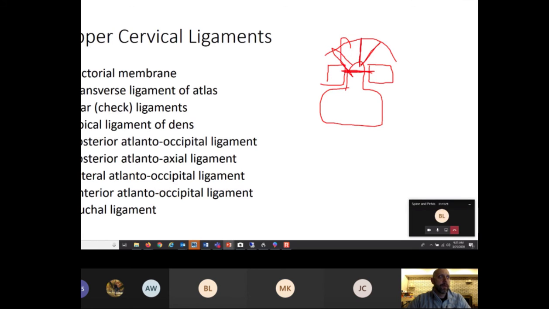As you know, it has a superior component, slightly posterior to the apical ligament, and an inferior component, which goes down to the body of C2. If we take one step back, we've got our tectorial membrane, which fans from the mid portion of the C2 body on up, and you can fill in that whole thing. And of course the PLL is what continues on down from C2.